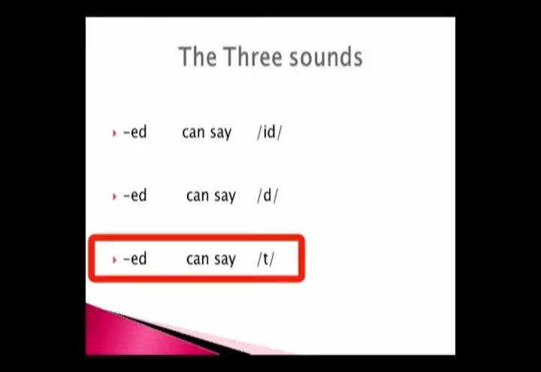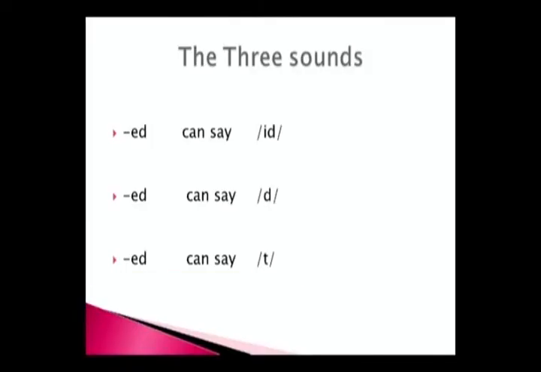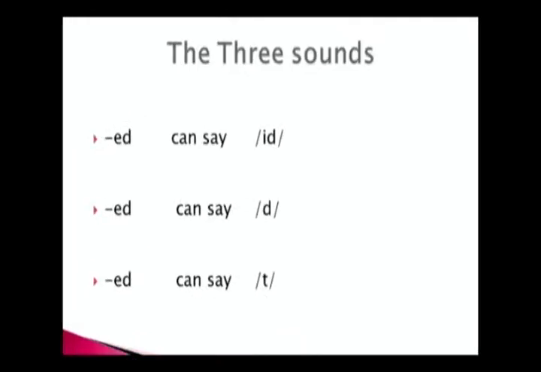And the third sound, ed, can say t. Did you know that? Yes, boys and girls, there are 3 sounds: id, d, and t. Follow closely, listen carefully, and join with me. We are going to be learning a lot today.